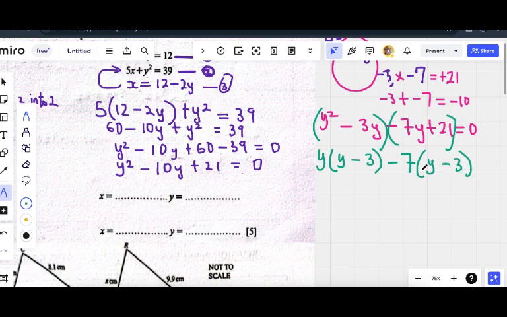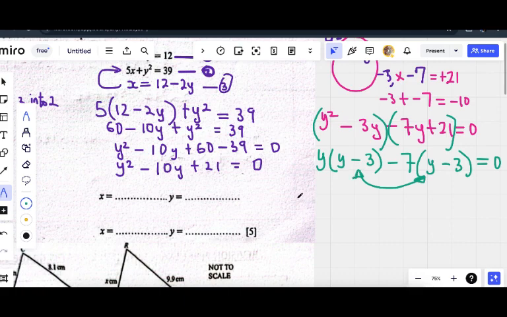Moreover, another thing to note is that these two brackets must be the same. If they are not the same, that means you made a mistake and you have to go through your work again. Is that okay? Since they are the same, we take them as one, and then the one outside the bracket, we put together.